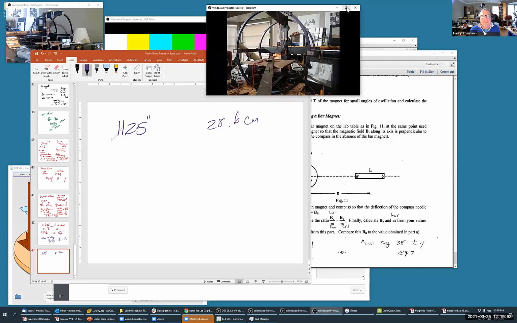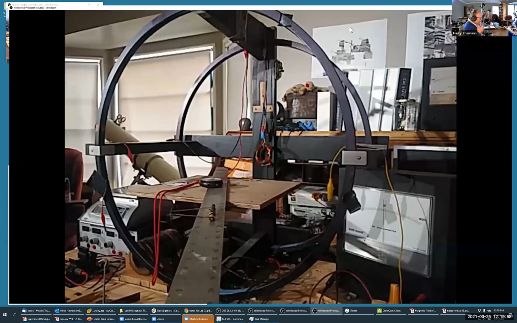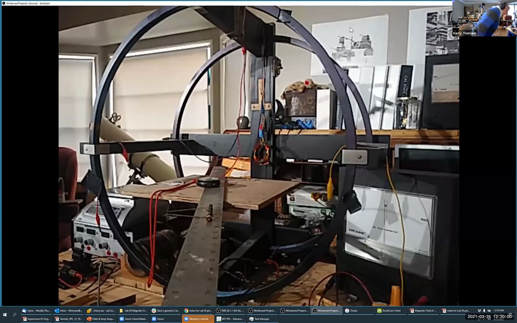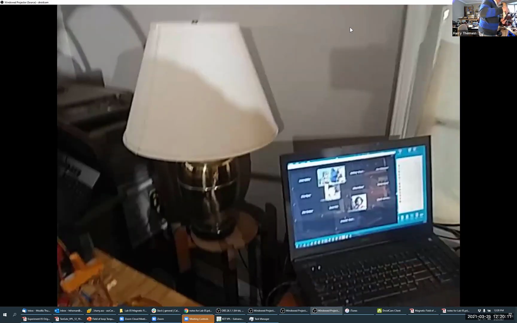I will use my cell phone, the Droid Cam. So I have, let's see, I'll get rid of this cord. I don't need the cord. I just have a cord plugged into it to keep the phone charged.